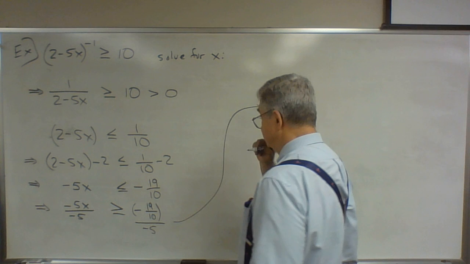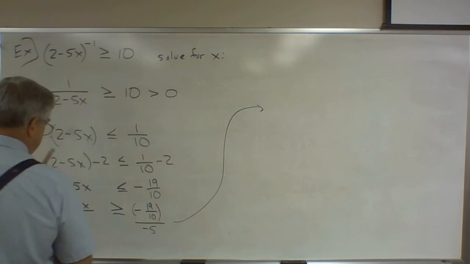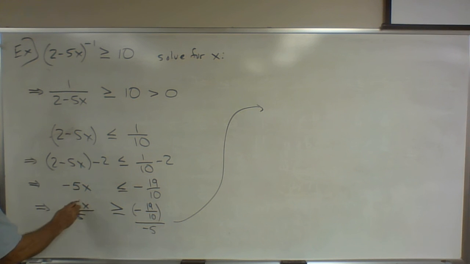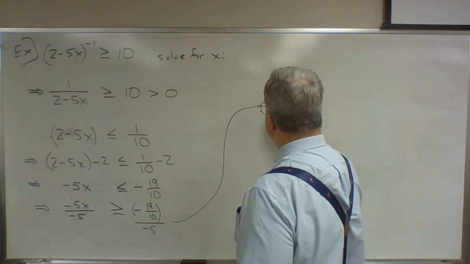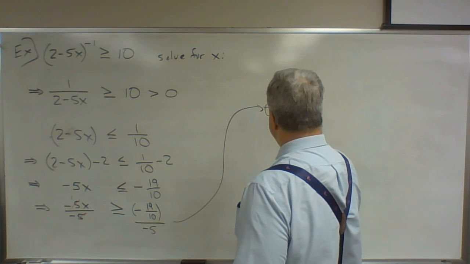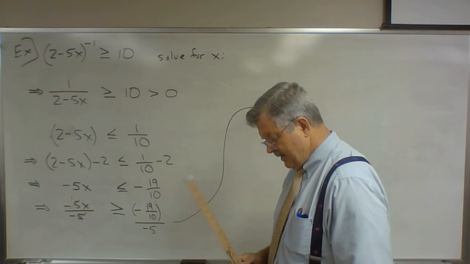And we have cancel, cancel here on the left, 1, 1. So we have x on the left, greater than or equal to this mess.